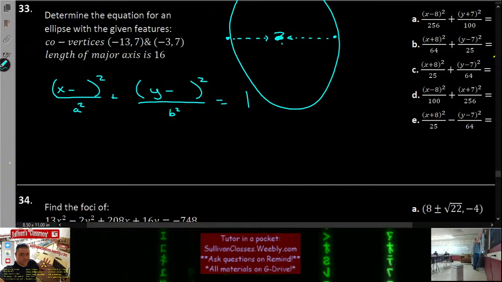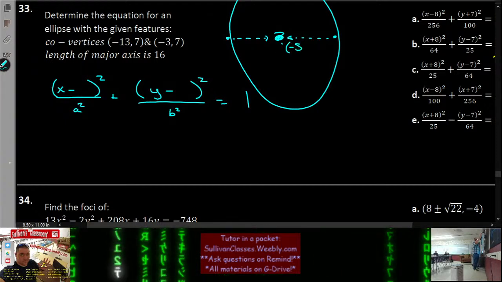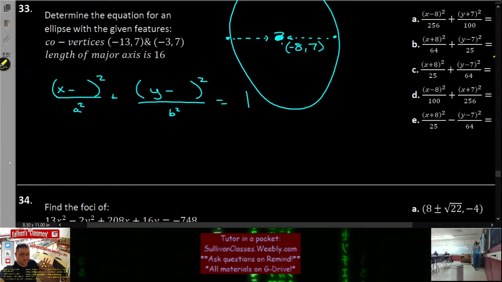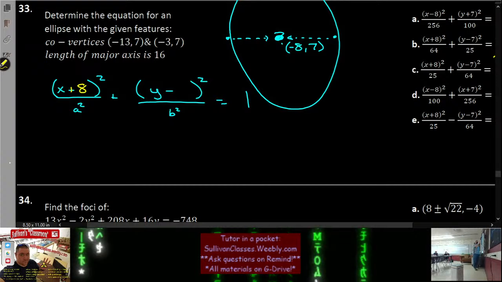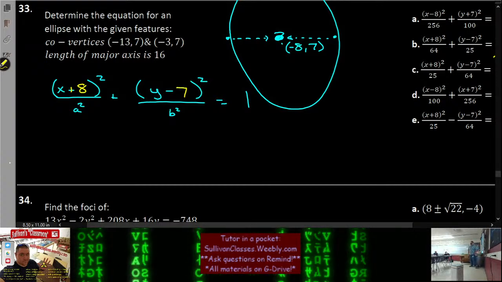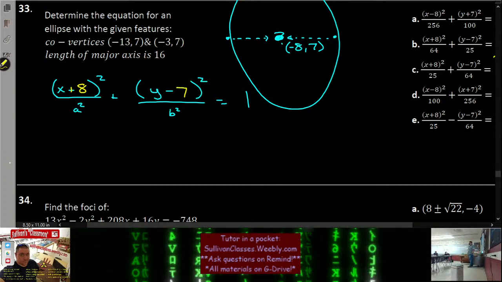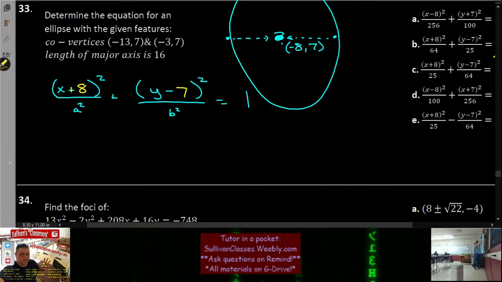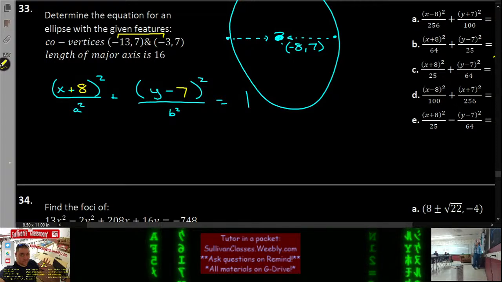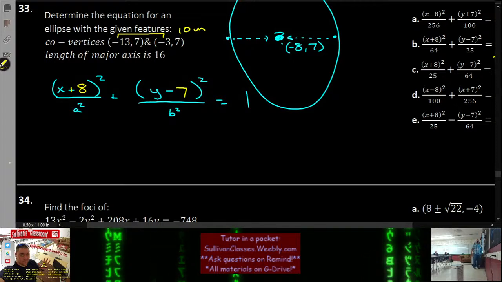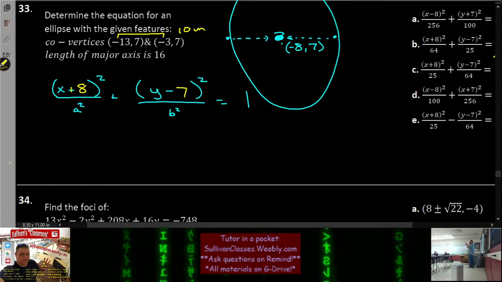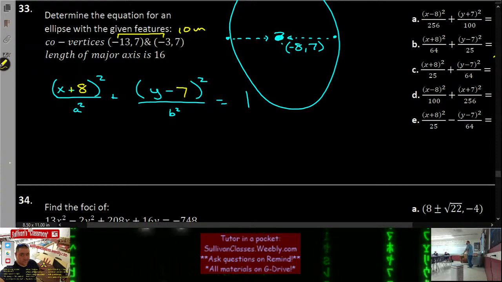So I know that this center is at -8, 7, which allows me to put -8, 7 in as my HK. Also, from here to here, that was 10 units. Co-vertices, the length of the minor axis gets me what?